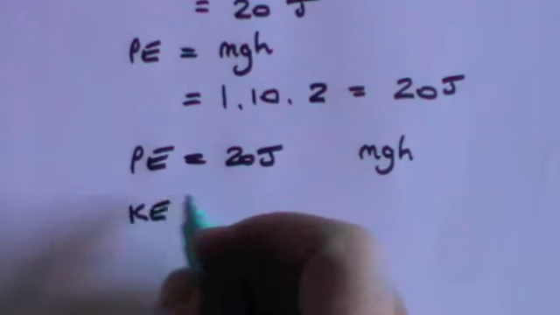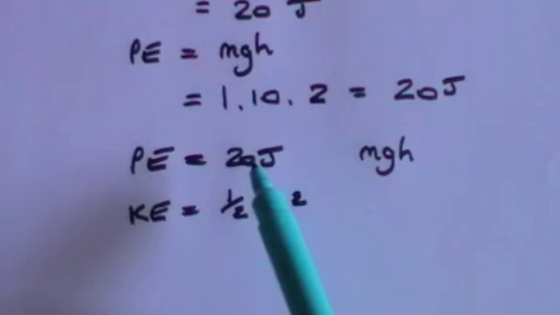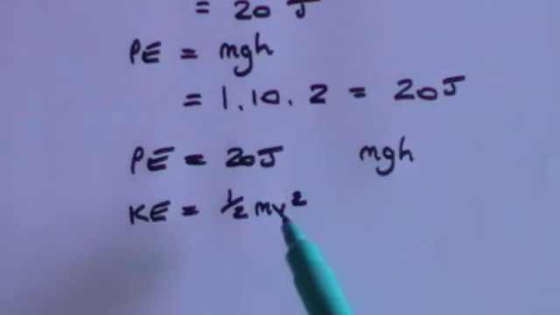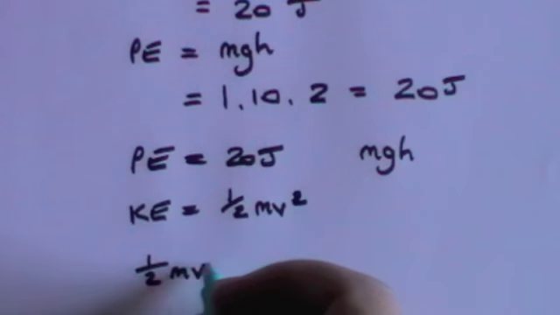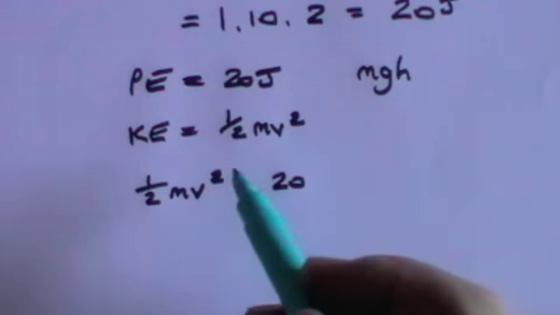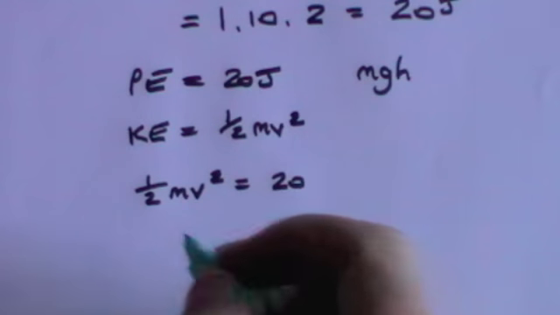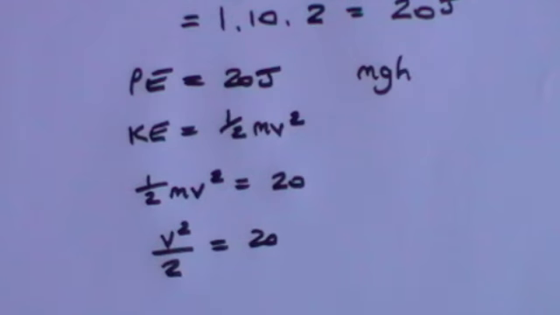The kinetic energy is a half mv squared. So that 20 joules of potential energy has been converted into kinetic energy. So a half mv squared is equal to 20. M, you'll remember, was 1 kilogram. So this is essentially v squared over 2 equals 20.